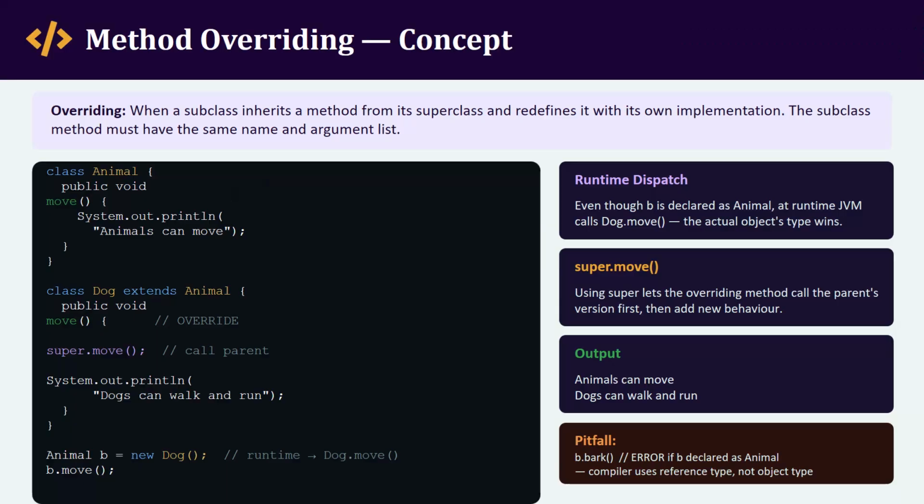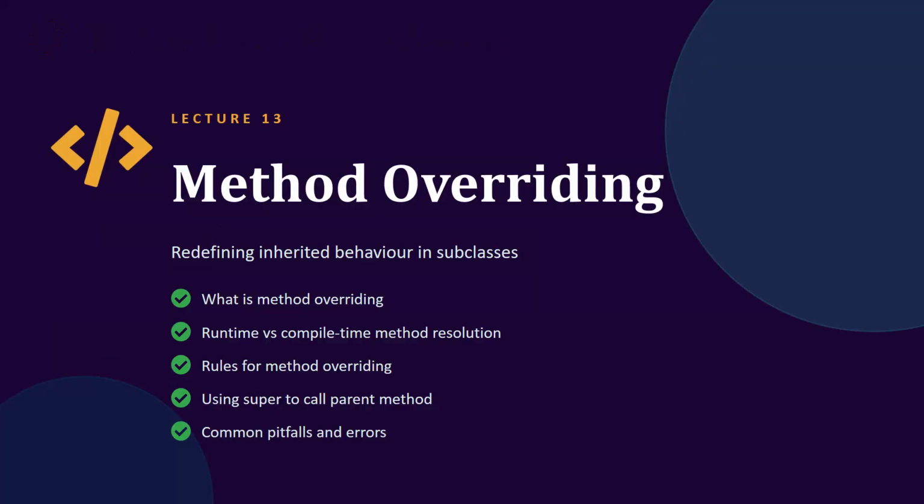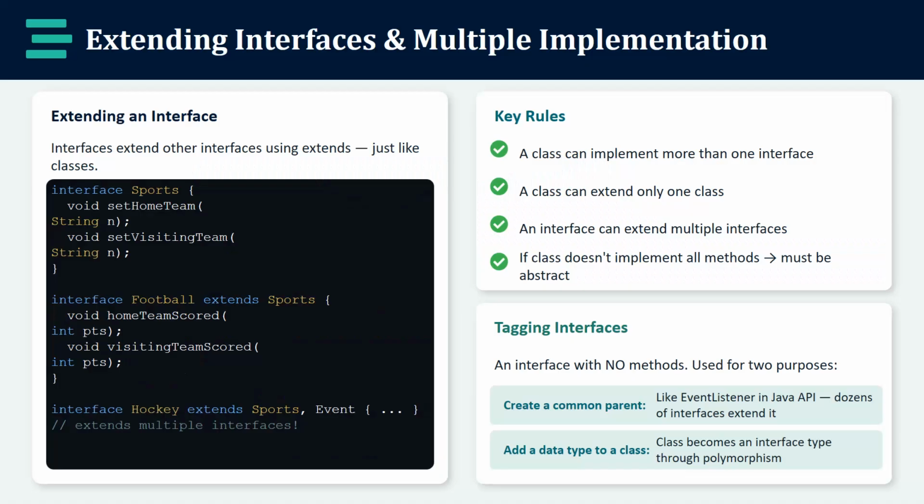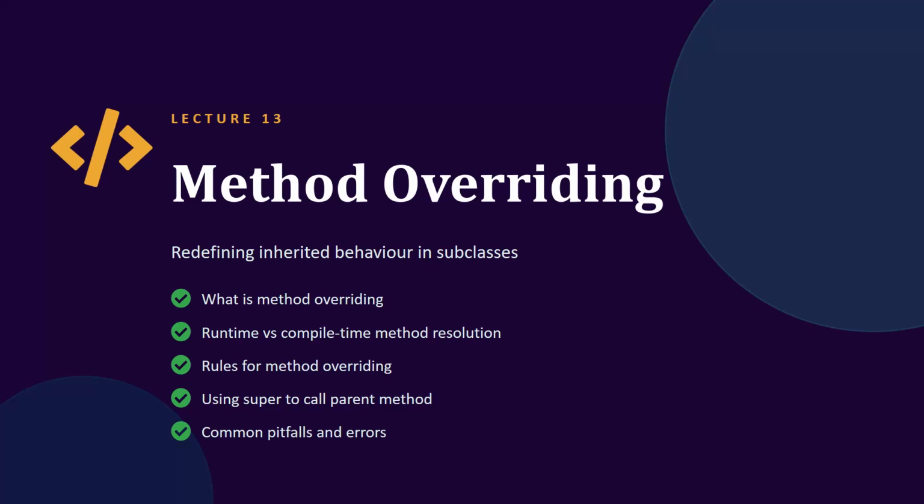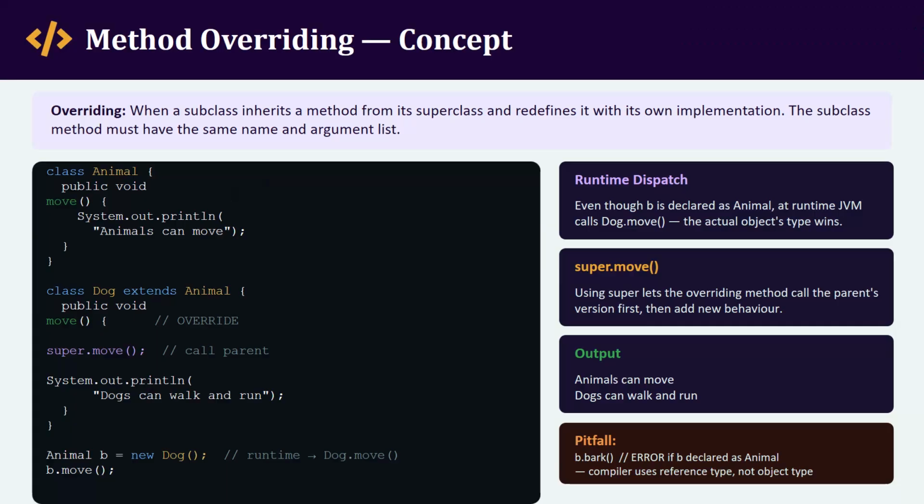We have another thing called method overriding, which we can look at as redefining inherited behavior in a subclass. So let's look at what overriding is. Overriding means when a subclass inherits a method from its superclass and then it redefines it with its own implementation.